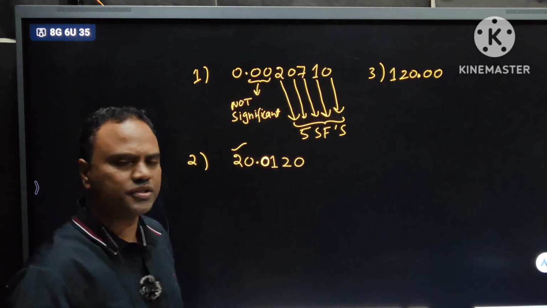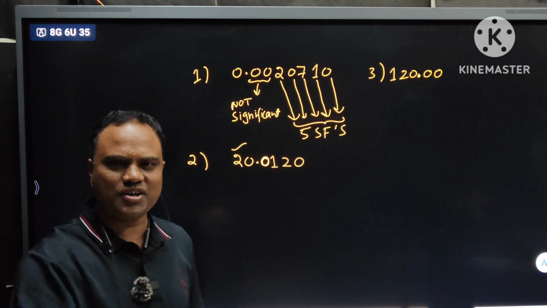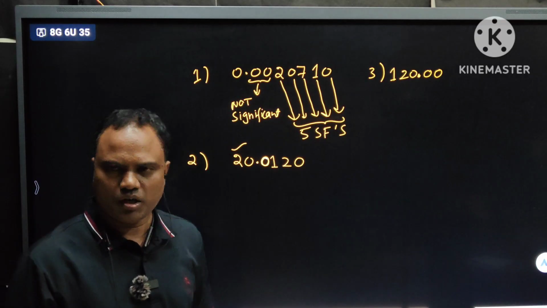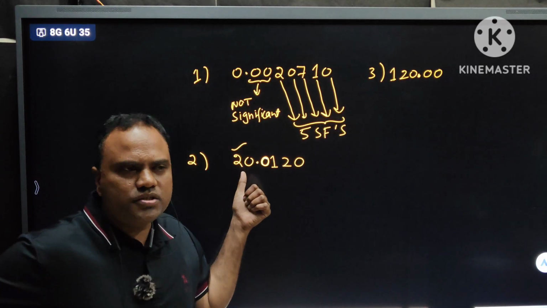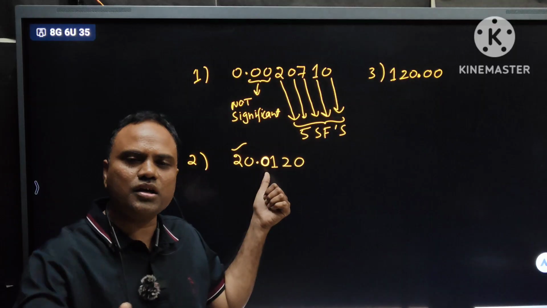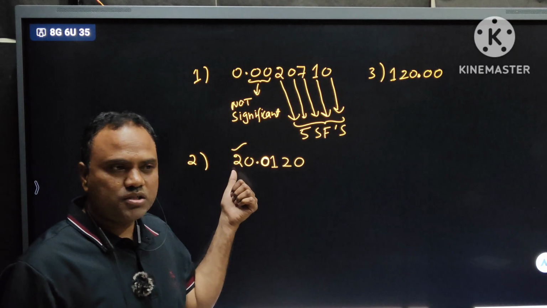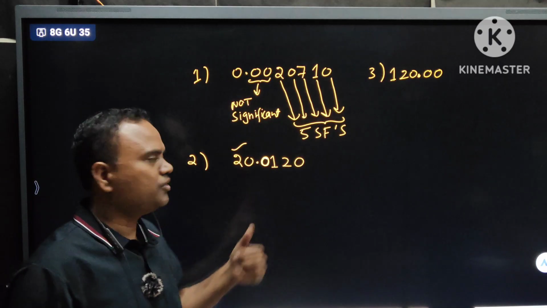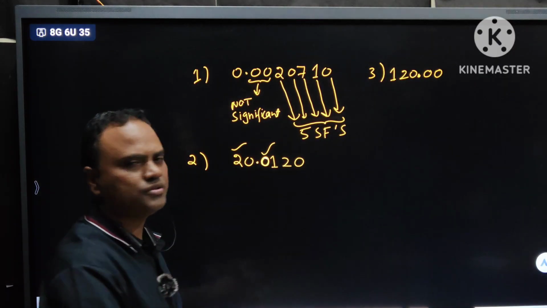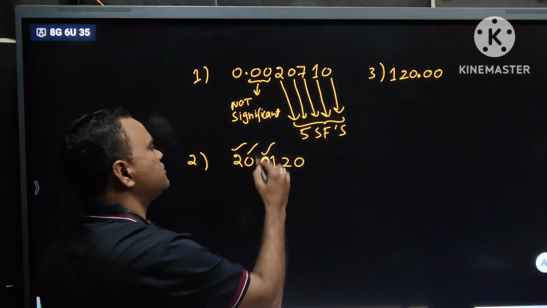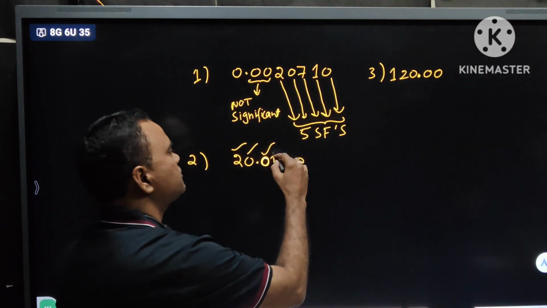After the decimal point, it is coming or not? And it is not starting. 0 after a decimal point is significant. Are you getting the point? If 2 is not there, this is considered as a starting 0. But this is not a starting 0. The starting number is 2. So this is significant. This 0 also is significant.